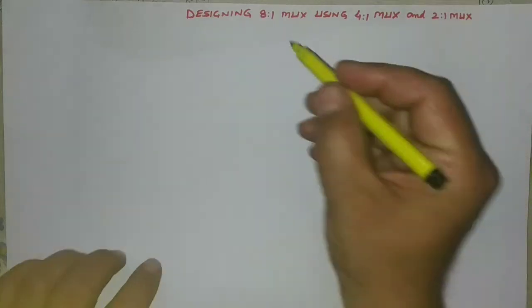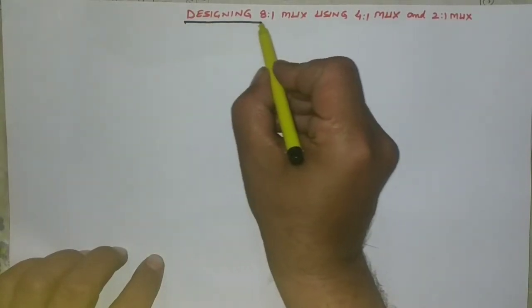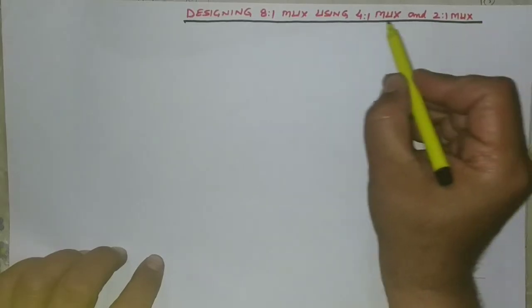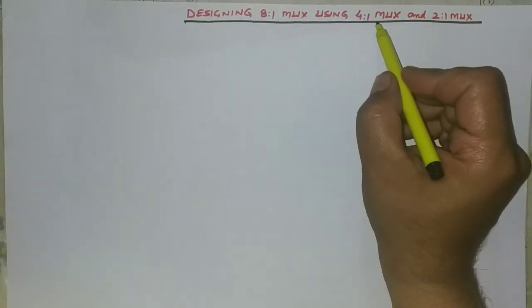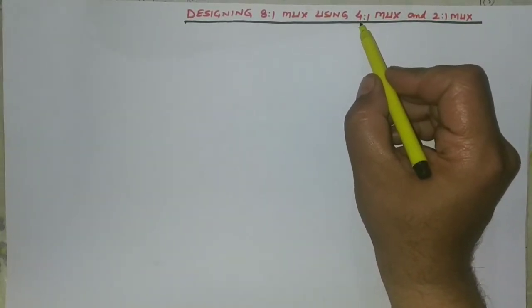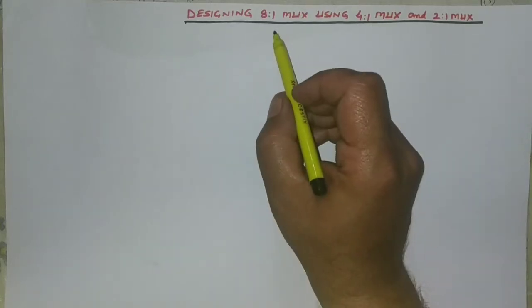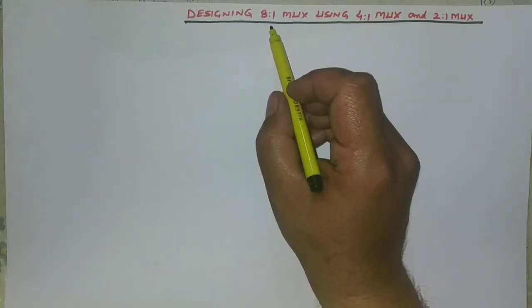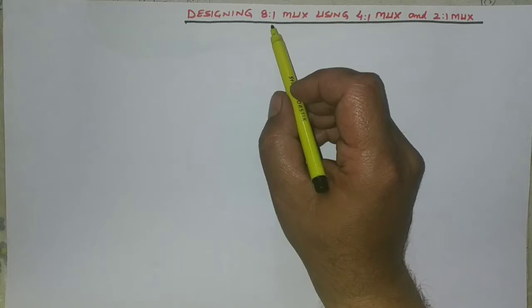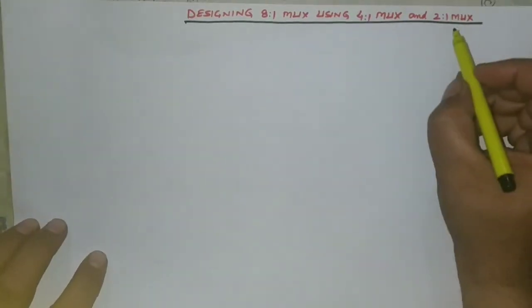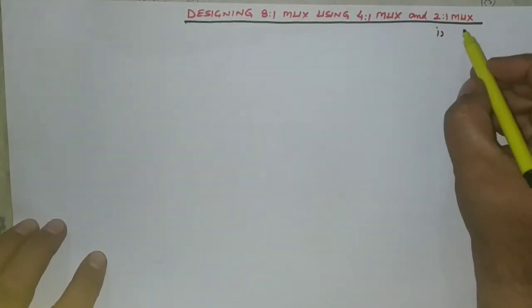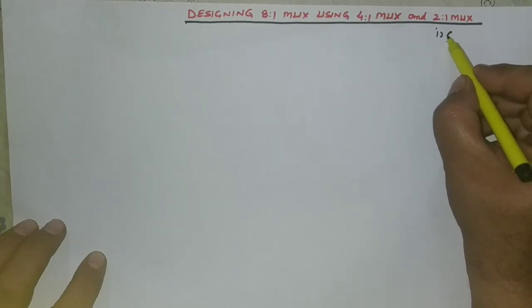But here we are making use of multiplexers of a smaller number of inputs as compared to the 8 to 1 if it takes a complete as a whole. So first of all, this is a case of cascading.